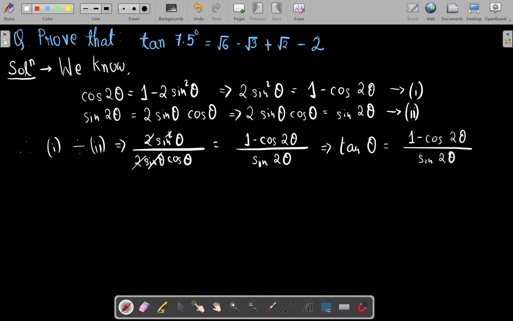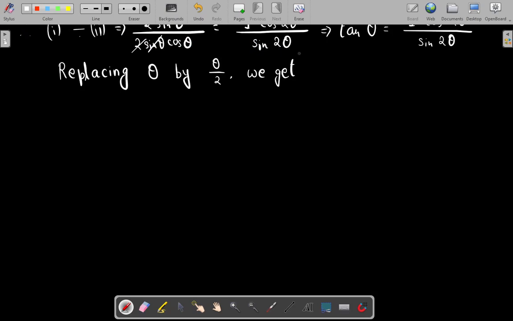Now, replacing theta by theta upon 2, we get the new expression. Tan theta will be replaced by tan theta upon 2.